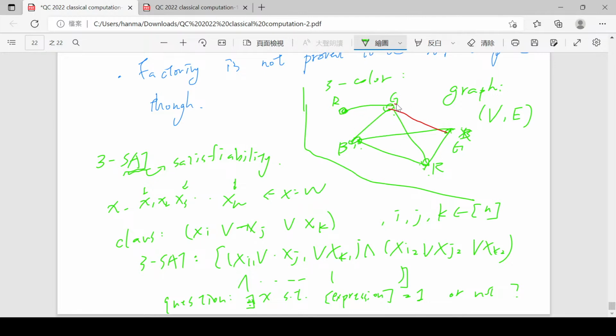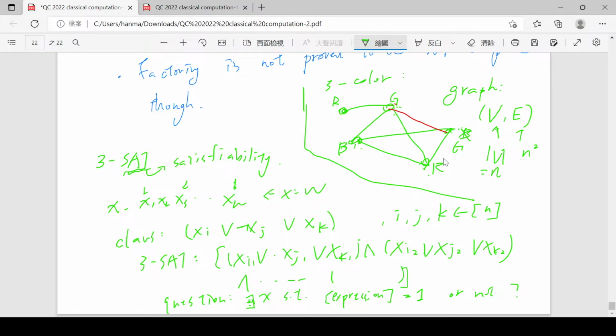And obviously this is in NP because you see the graph, and the witness is just an assignment of the colors. So basically the number of edges E here is your scaling parameter n, and E is at most n squared.